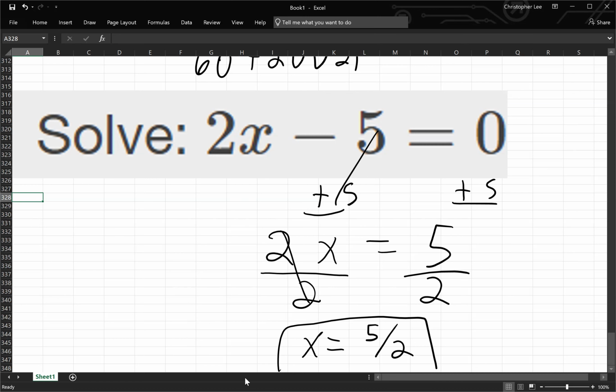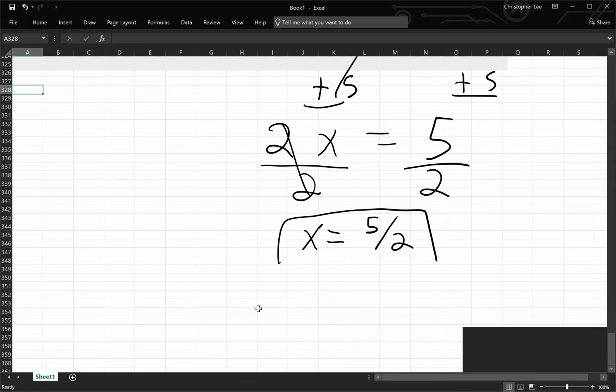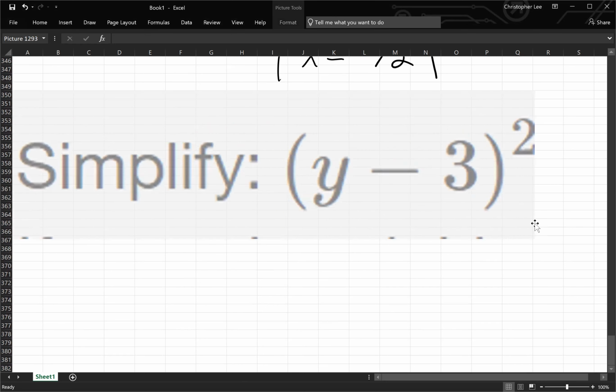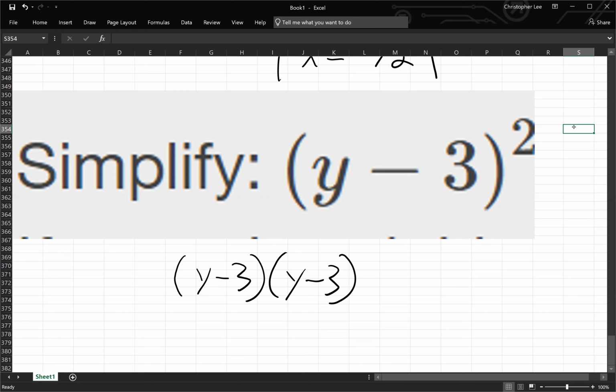I have another question. All right, how do I do this again? So y minus 3 times y minus 3. Okay, and what do I do with that? FOIL it, right?